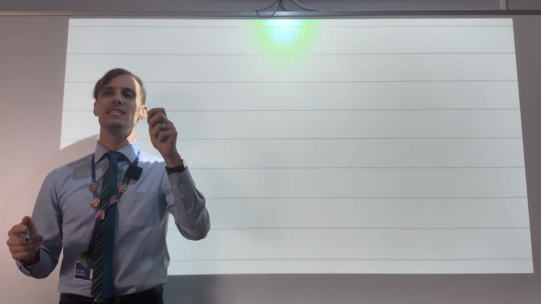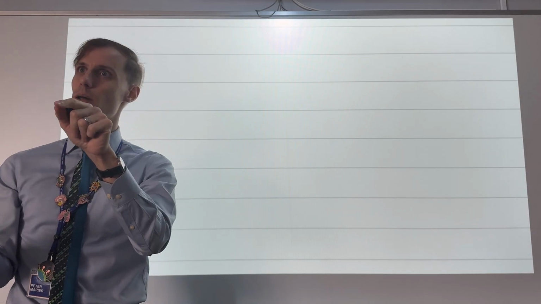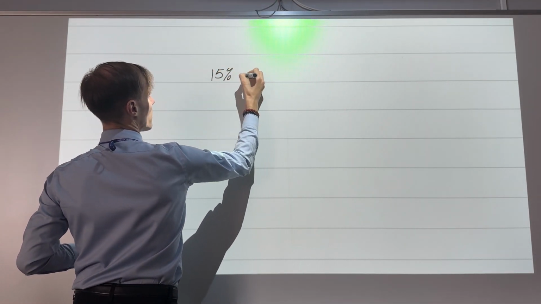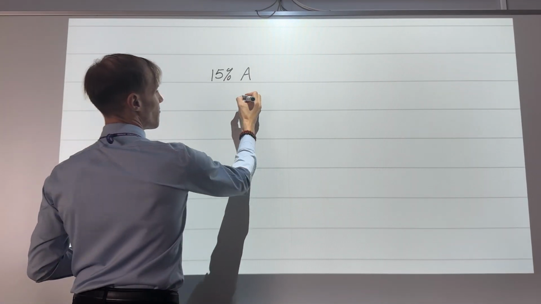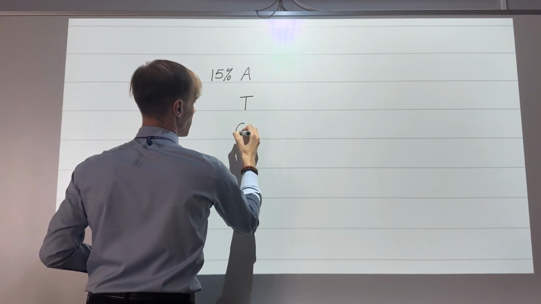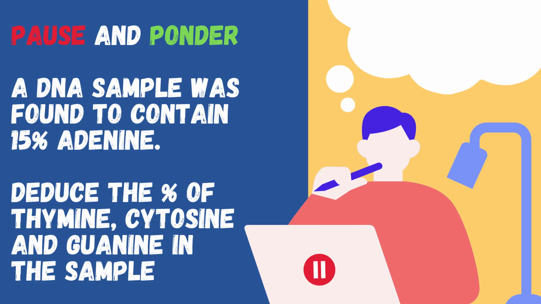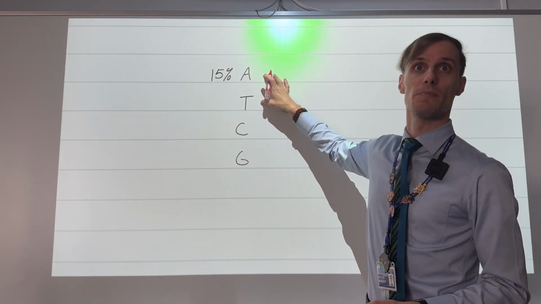I'm doing a DNA sample on an organism, and that DNA sample was found to contain 15% adenine. Deduce the relative percentages of thymine, cytosine, and guanine. We know that adenine and thymine form complementary base pairs with each other.